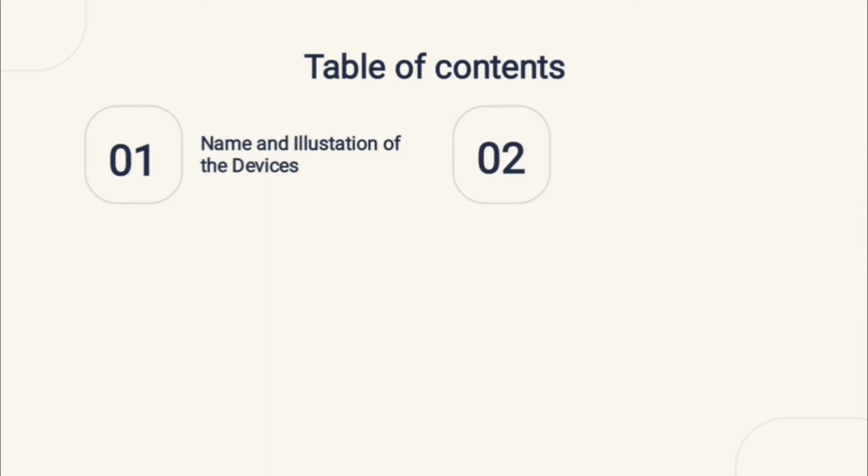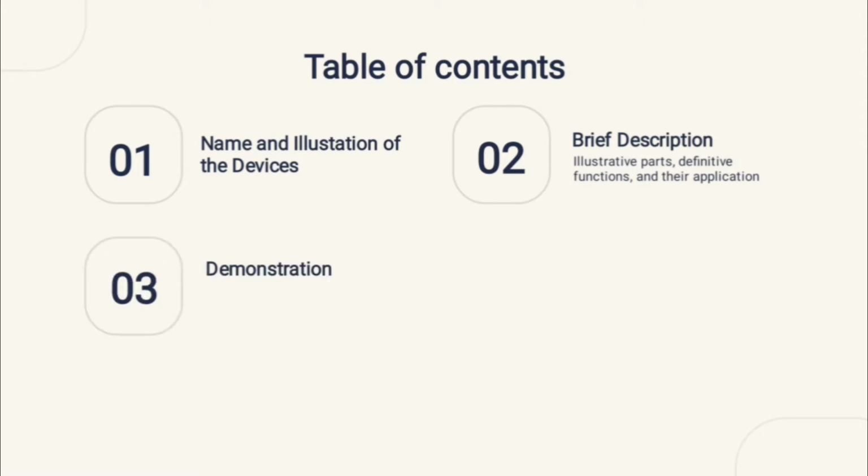Table of contents. Number 1. Its name and illustration of the devices, how it looks like. Number 2. Brief description of its parts, a definitive function of the drug delivery system, and their applications. Number 3.